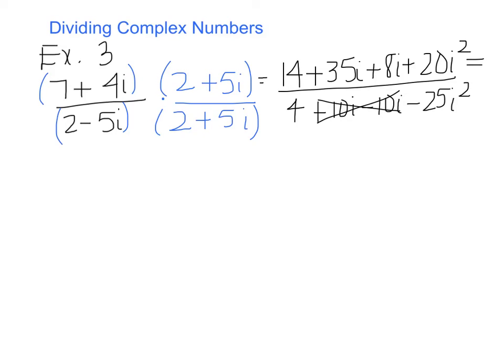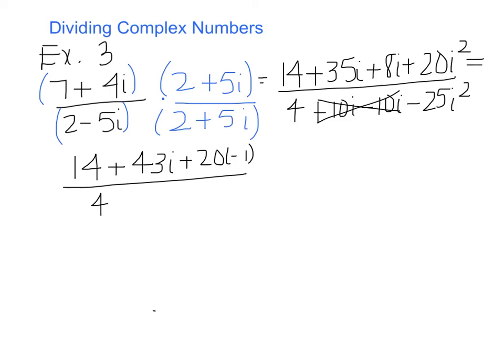So then on the top, we'll have 14 plus 43i plus 20 times negative 1. And on the bottom, we'll just have 4 minus 25 times negative 1. And then simplifying, we're going to have 14 minus 20, which is negative 6.